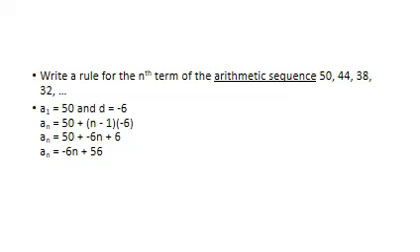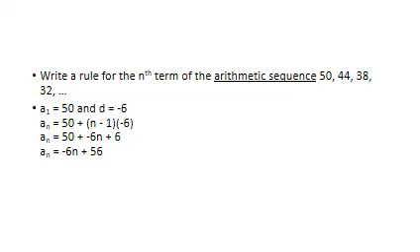So here we have to write a rule for the nth term for the arithmetic sequence which has the first terms 50, 44, 38, 32, etc. A1, the first term, equals 50 and A2 equals 44.